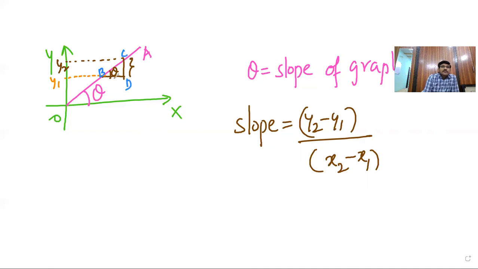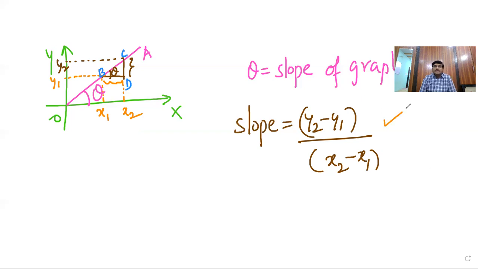The notation I am following is a simple BCD triangle. Theta is the angle. Slope is tan theta, tangent theta, opposite side by adjacent side. Opposite side CD by the adjacent side BD. CD is y2 minus y1. And BD: this is x2 and this is x1, so BD is x2 minus x1.